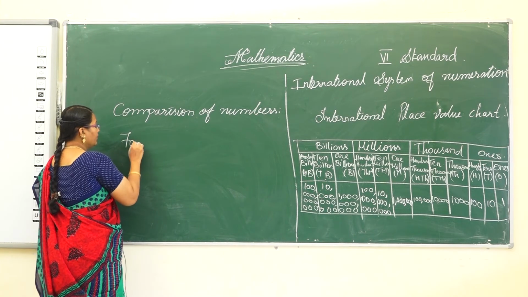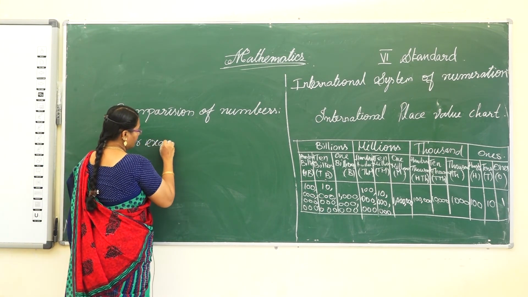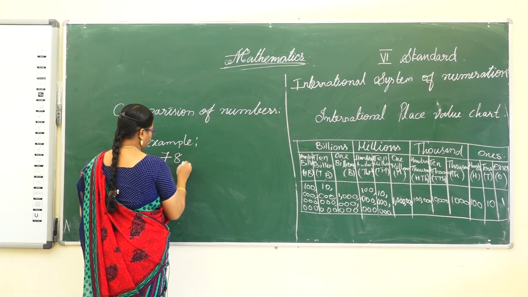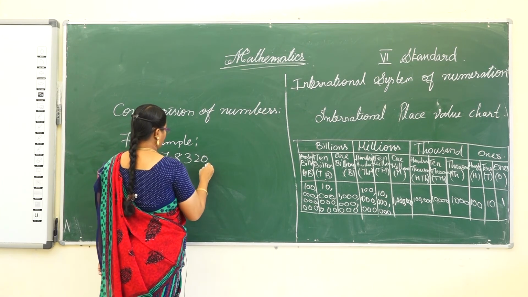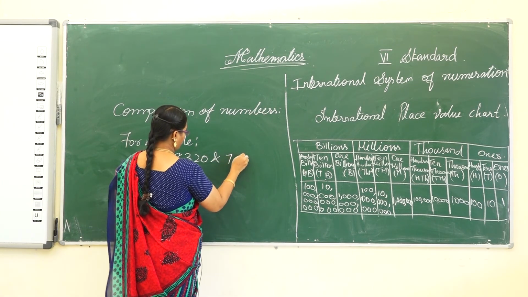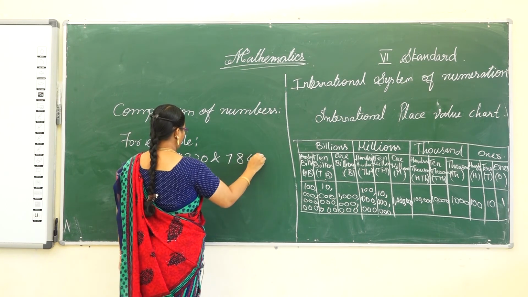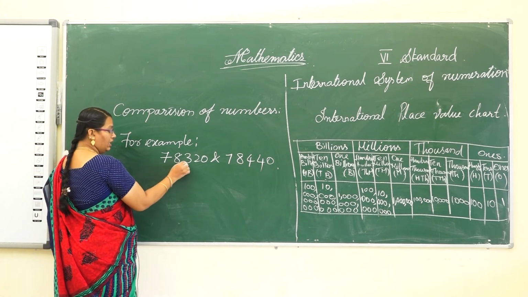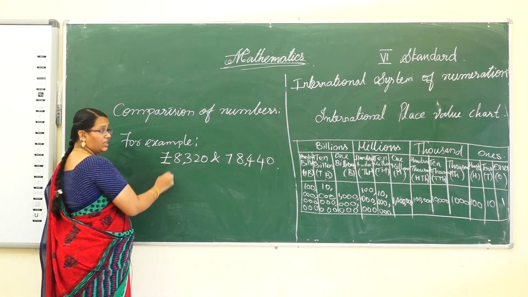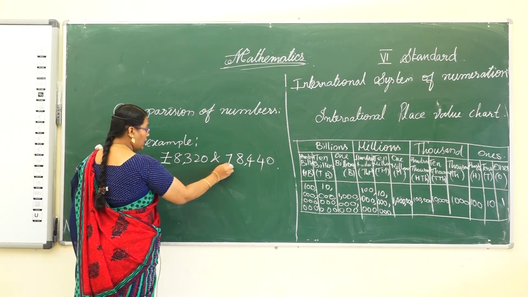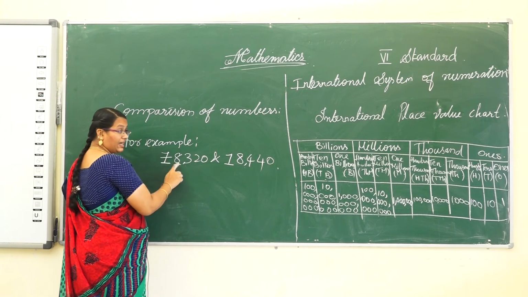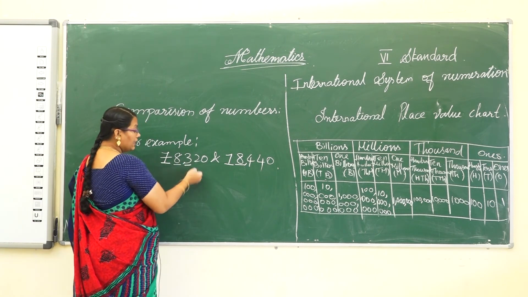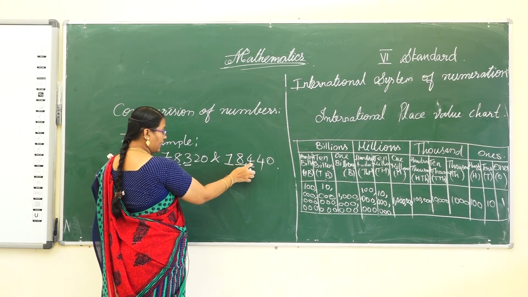For example, compare these two values. What do we do? First verify the first digit on the left side; both have the same. So move to the second digit on the left; that is also the same for both numbers. And the third digit: here 3, here 4. So that is the greater one.